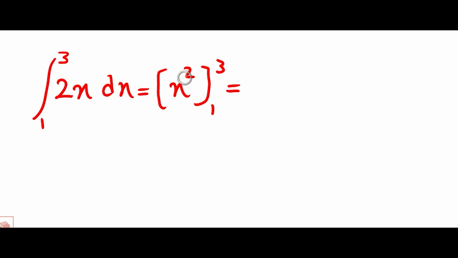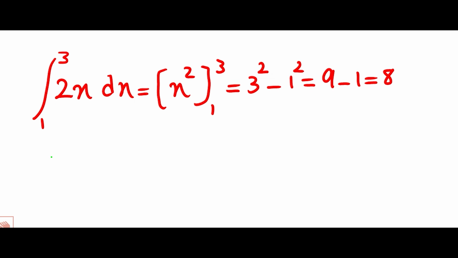We have 3 squared, then subtract the value at the lower limit, meaning minus 1 squared, equals 9 minus 1, which is 8. So the integral of 2x dx from 1 to 3 is 8. Notice again, no plus C because the result is a number.